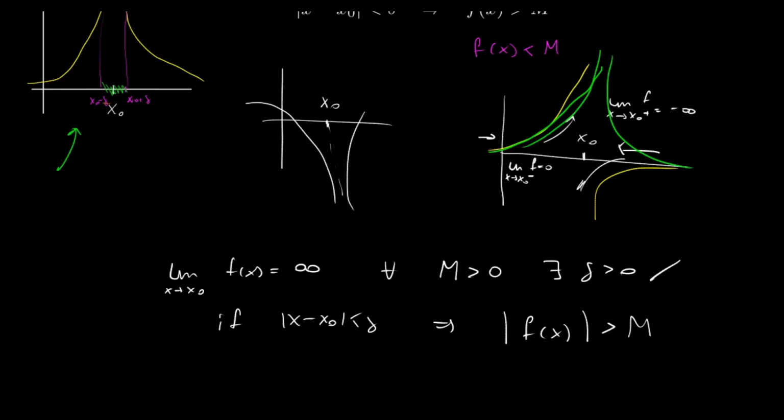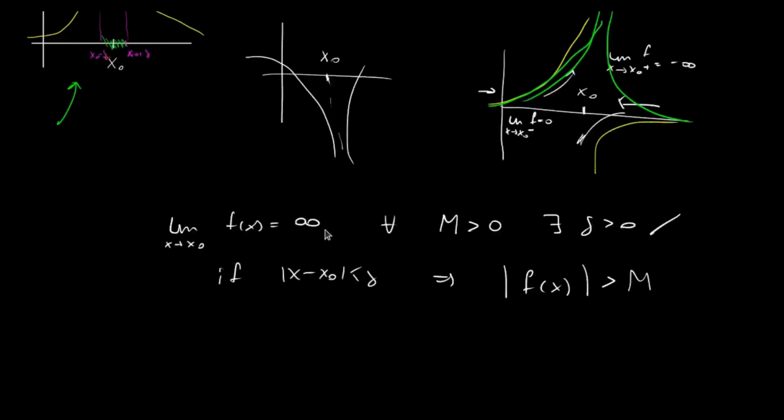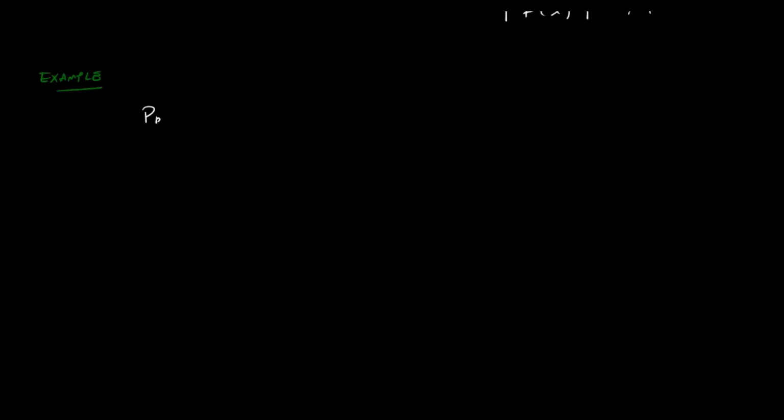So let's finish this video with an example. We want to prove that the limit when x tends to 0 of 1 over x to the power 3 plus x is equal to infinite. We have to prove something for every m.